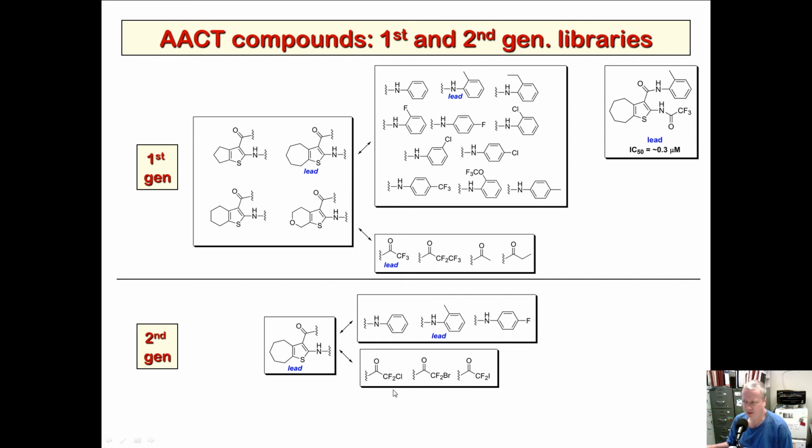And these were very weird, and through some crazy luck or whatever, we were able to improve our 300 nanomolar inhibitor down to 30 nanomolar, and that's using the 2-methyl and the bromodifluoroacetamide. So that was a winning combination of pieces, discovered completely through random chance, but it looks like it's one of the best inhibitors on the planet right now.